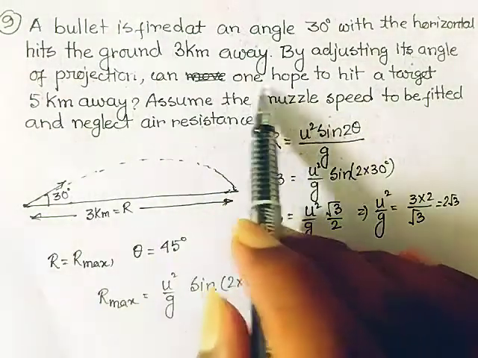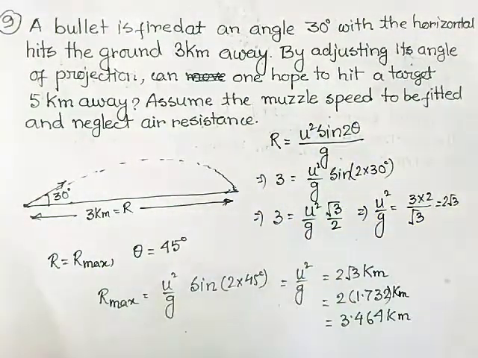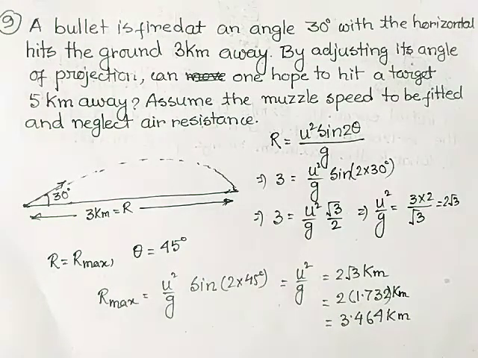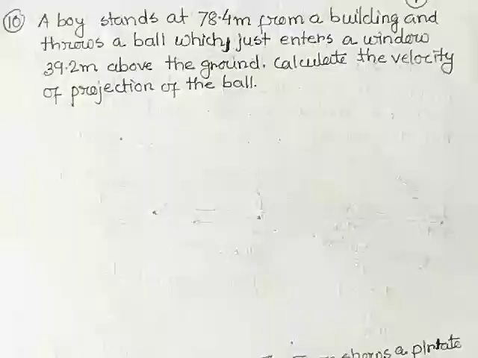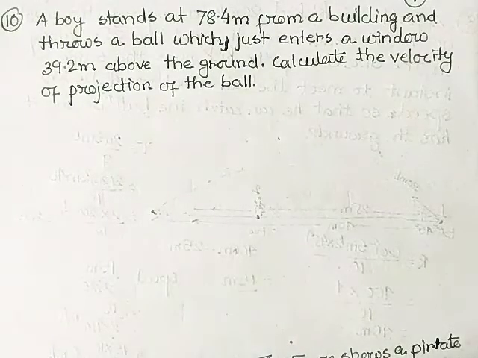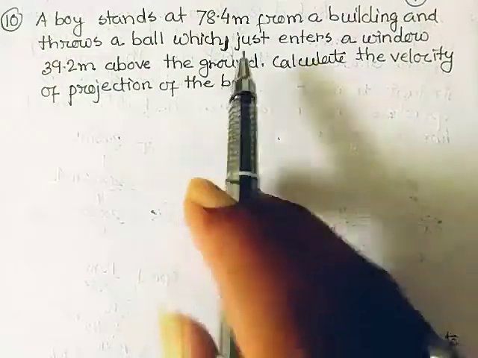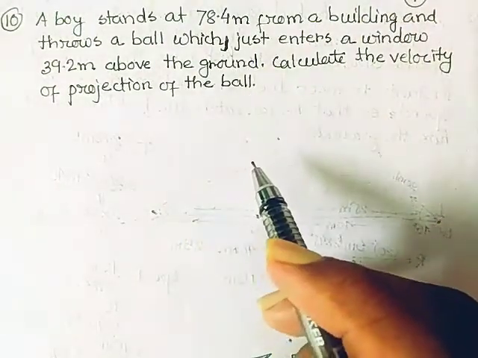But one hopes to hit it 5 kilometer away, so can it hit it? No, it never. Because the maximum horizontal distance it can cover is approximately 3.5 kilometer, it never reaches this 5 kilometer.